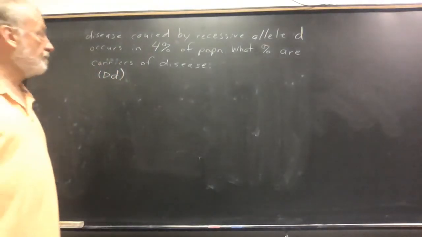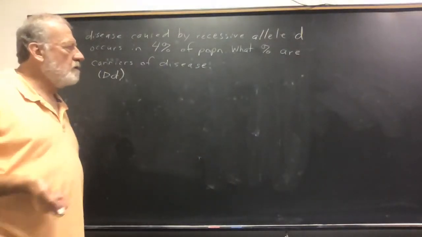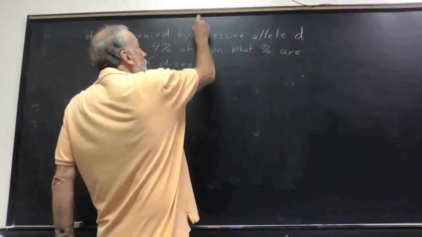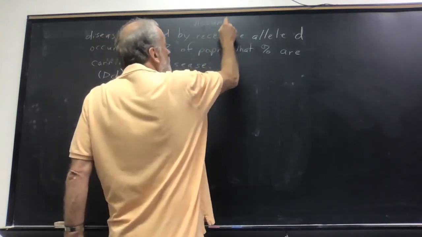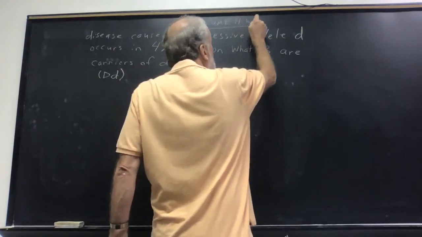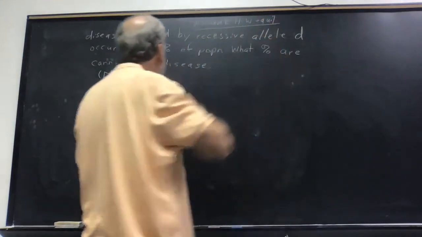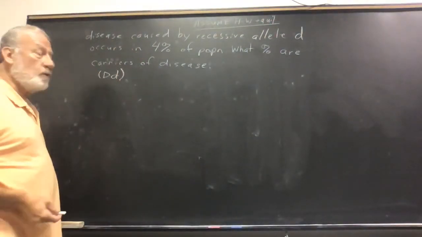Okay, so when we're given a number in a problem like this, first thing we have to do to solve it is assume that the population is in Hardy-Weinberg equilibrium. And then this percentage, 4%, is really q squared.